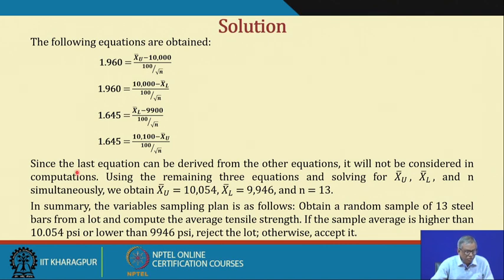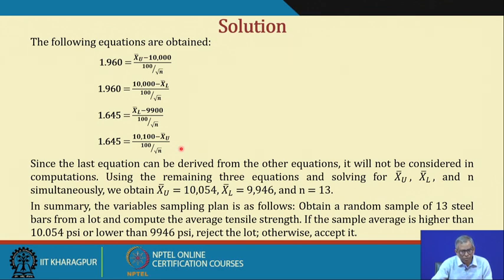So since the last equation can be derived from the other equations, not only the last one, you choose any three equations from this set of four equations, you will find that the fourth equation can be derived from the first three equations. So okay, one equation is a dependent one, whereas the remaining three are independent.